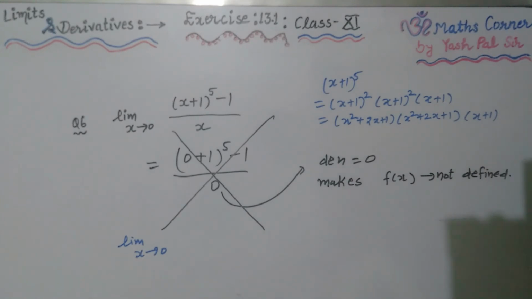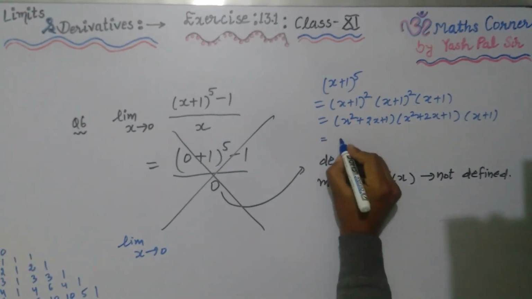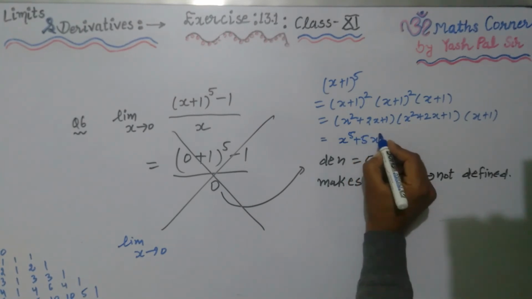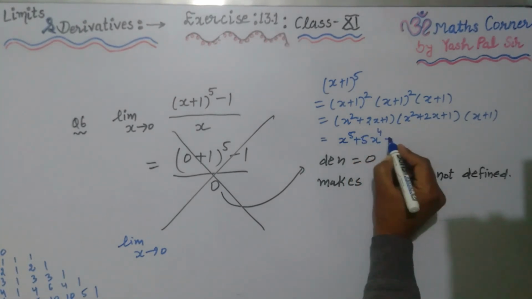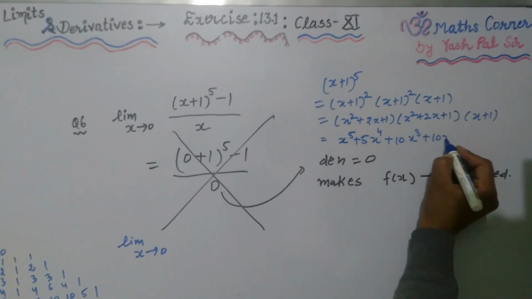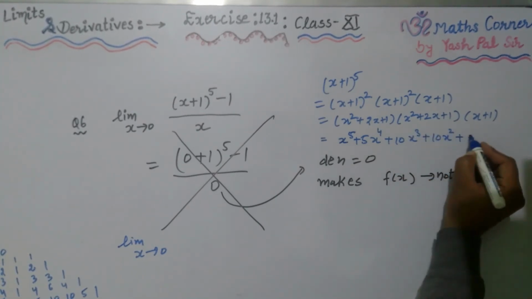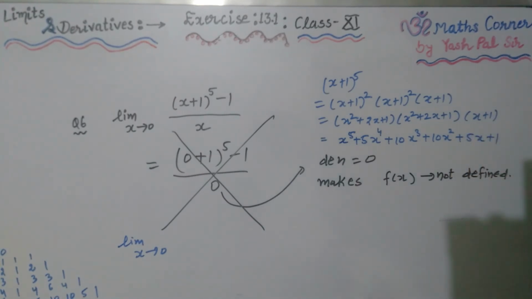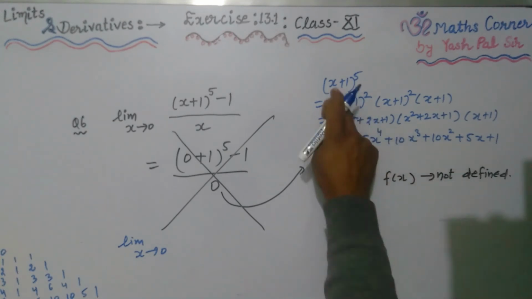So finally we have x raised to power 5 plus 5 into x raised to power 4 plus 10 into x raised to power 3 plus 10 into x raised to power 2 plus 5 into x plus 1. So this is how we can open this bracket.